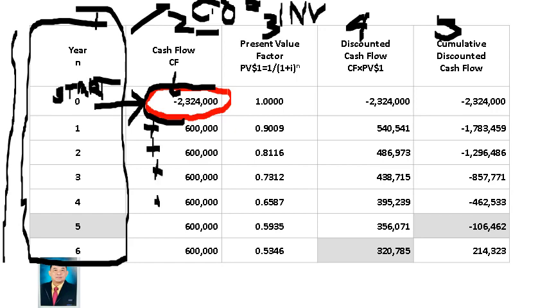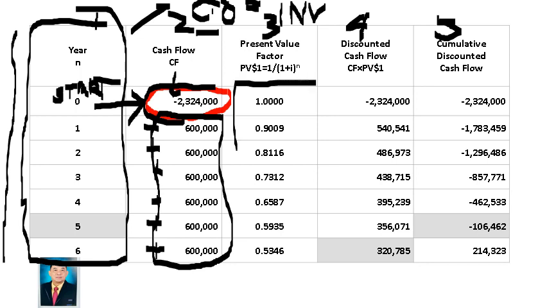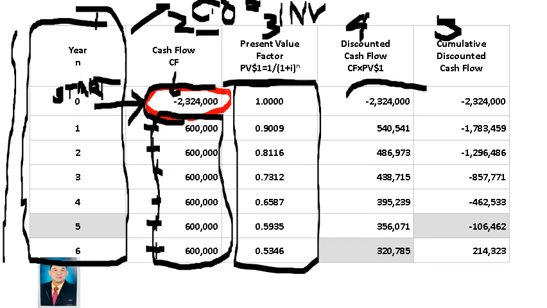Alright. That is the annual cash inflow, uniform from the 1st to the 6th year. That's why it is 600,000. What is written in the third column is the present value factor, which we are now going to refer to in our present value table. And this one is the product.